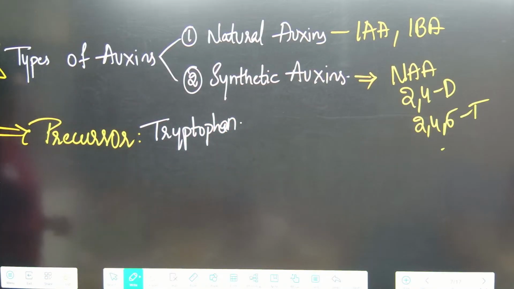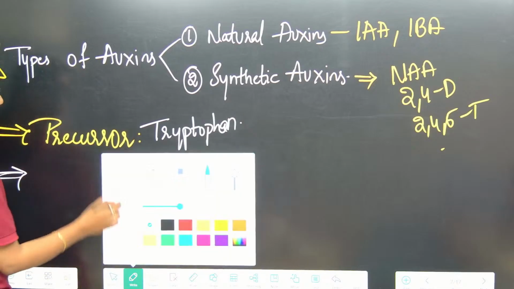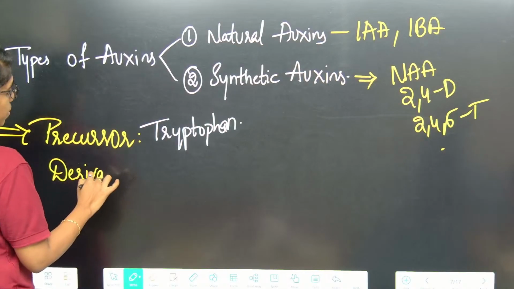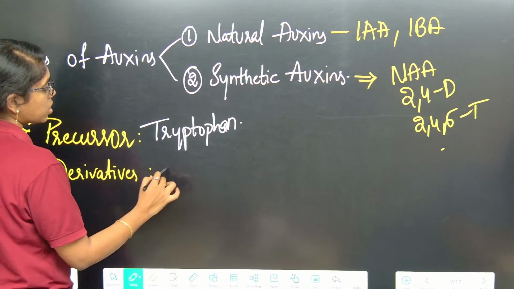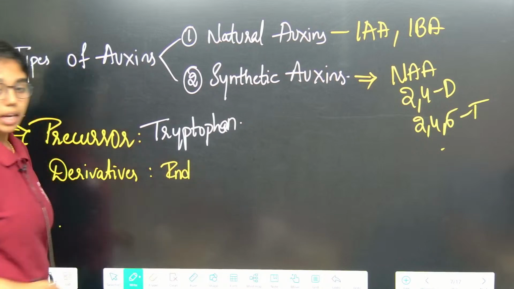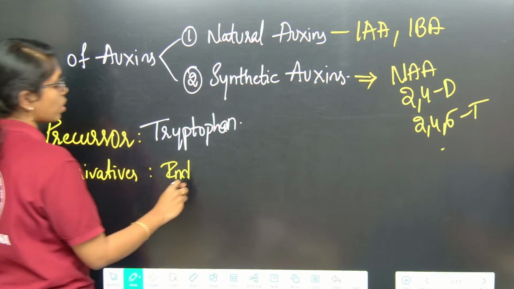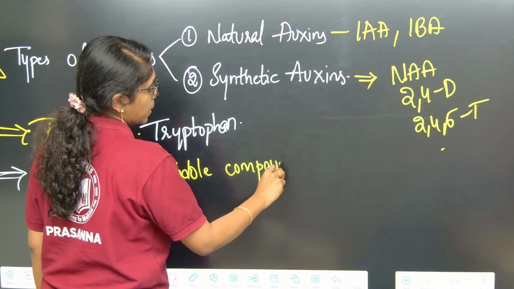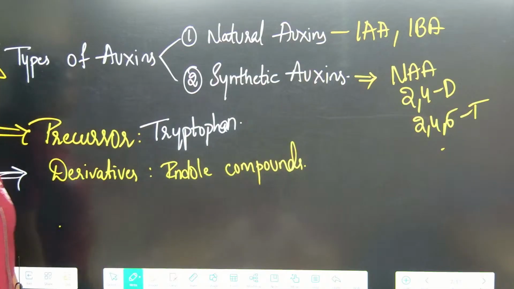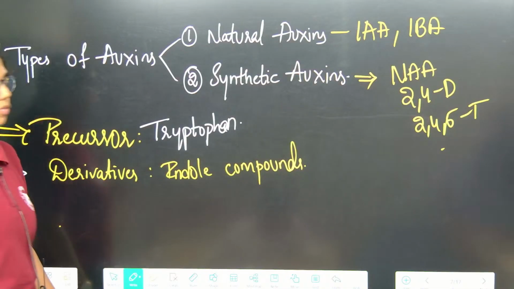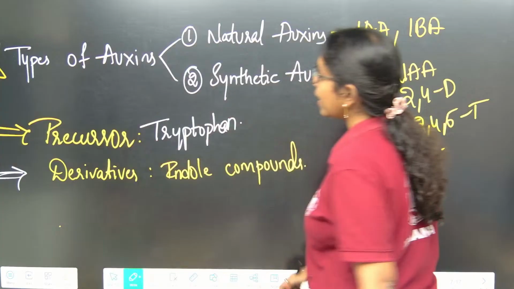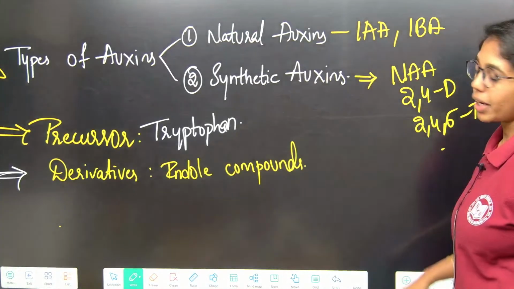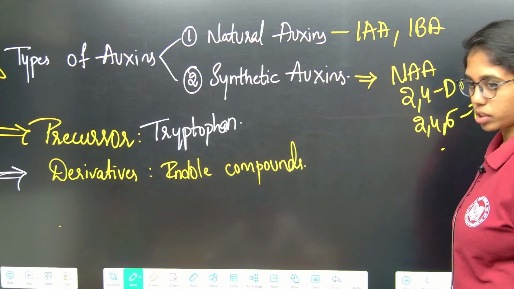And what are the auxin derivatives? Auxin derivatives are indole compounds. Clear with the discovery of auxin, types of auxins, precursor of auxin and derivatives of auxin?